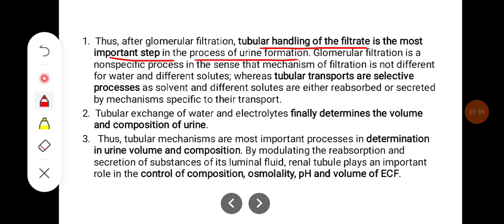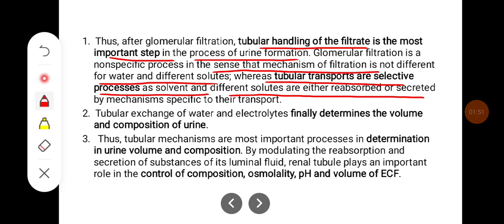The glomerular filtration is a non-specific process in the sense that the mechanism of filtration is not different for water and different solutes, whereas tubular transports are selective processes, as solvent and different solutes are either reabsorbed or secreted by mechanisms specific to their transport. Tubular exchange of water and electrolytes finally determines the volume and composition of urine.